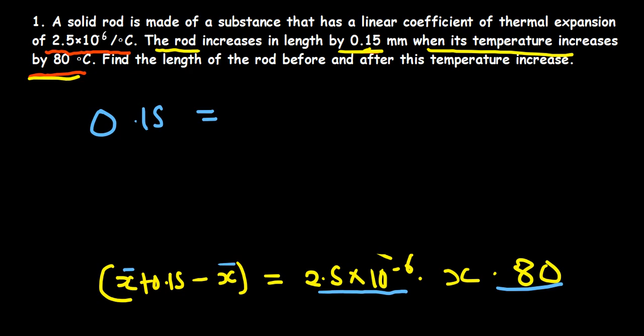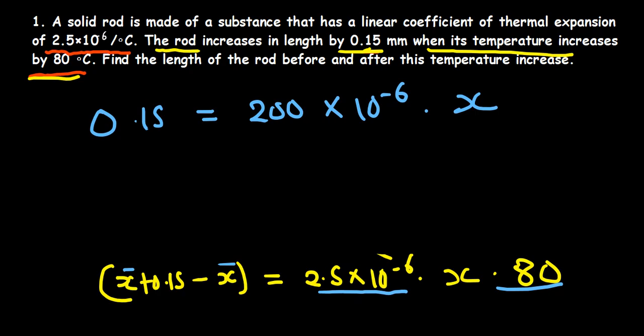So we get our calculator and punch in those values. 2.5 multiplied by 80 gives 200, multiplied by 10 to the power minus 6, and then multiplied by x.